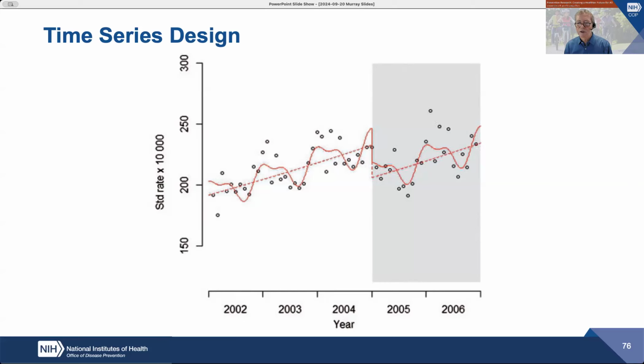And the intervention is introduced at the beginning of 2005, and the angle of the line didn't change, the slope didn't change, but the intercept dropped. So the line in the gray shading is lower than we had expected it to be if things had just continued. And that's evidence of an intervention effect.